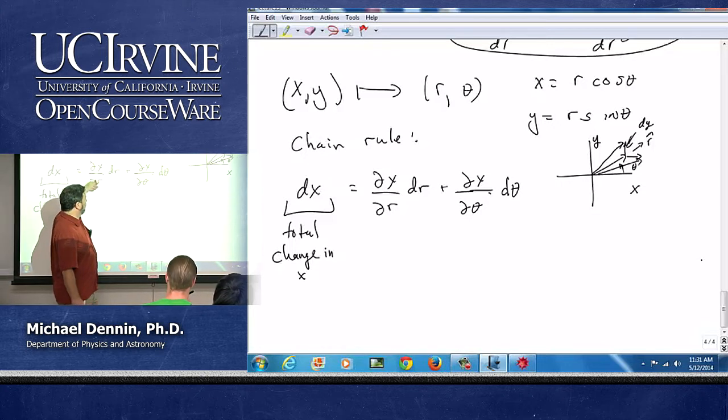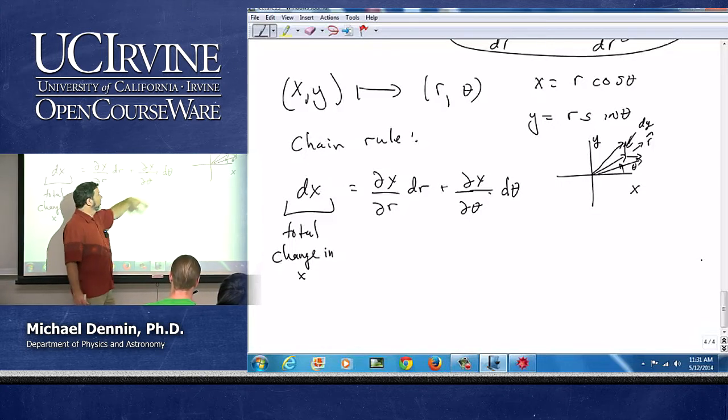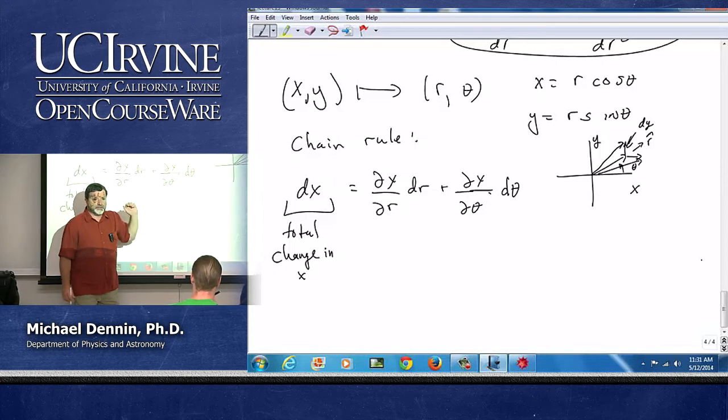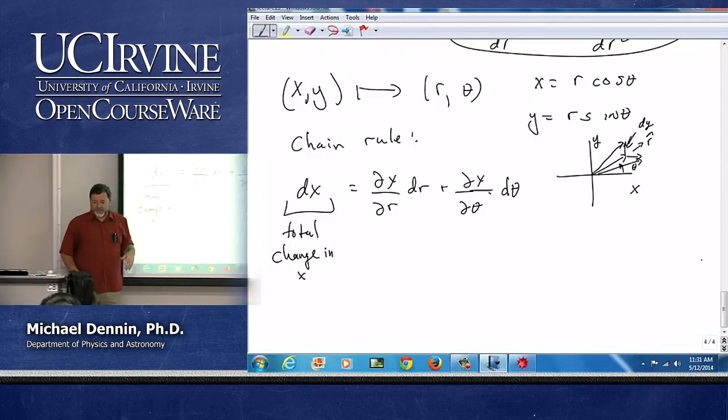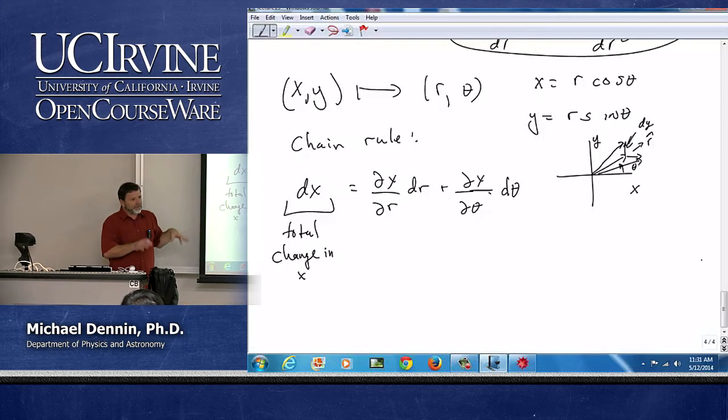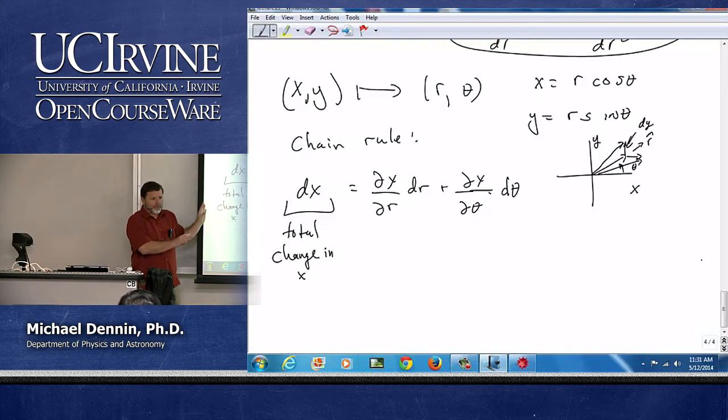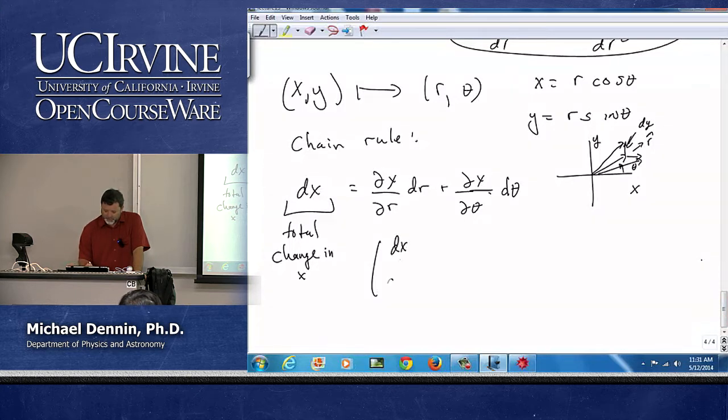Right? That we actually have dx over dr and dx over d theta, and we can cancel them, and what you're left with is dx. Sometimes you can really do that, and sometimes it's just a mnemonic to remember how to do it. But the big thing to notice is now I can write my change of coordinates as a matrix operation.